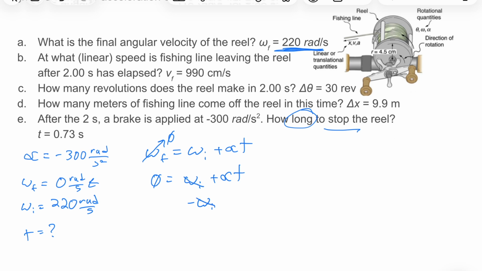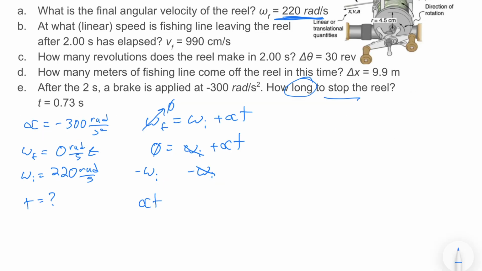If we subtract initial angular velocity from one side, we want to do it from the other side. And so we end up with our angular acceleration times time equals the negative of our initial angular velocity. And then finally, we will divide each side by angular acceleration to leave time by itself on the left, equals the negative of our initial angular velocity divided by our angular acceleration.